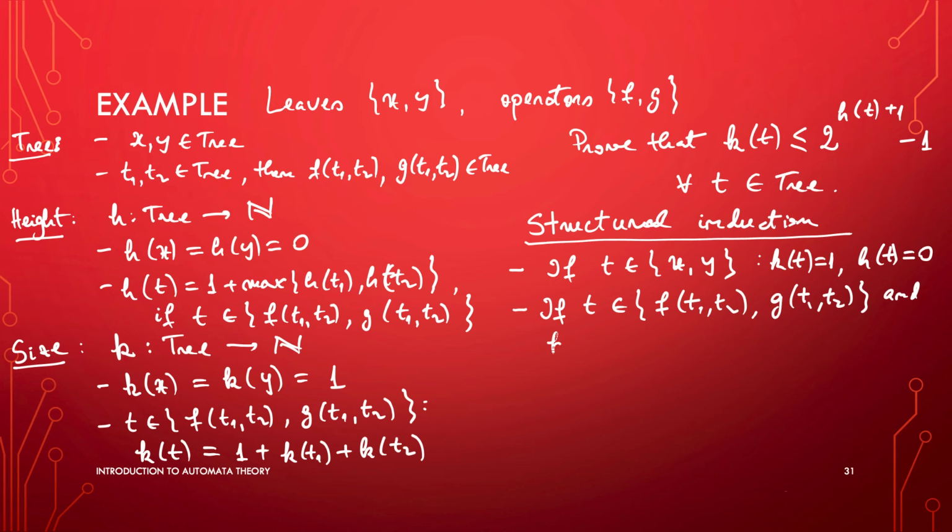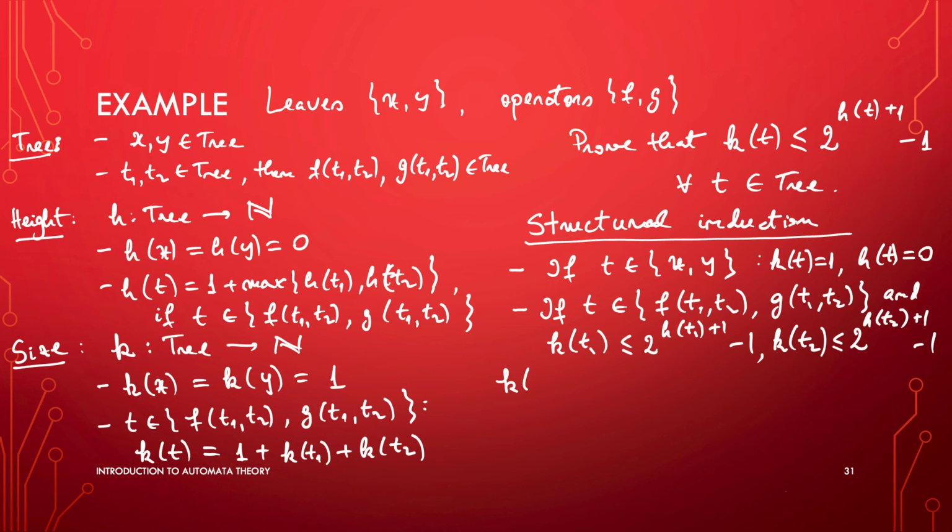So we have that the size of T1 is at most 2 to the power h of T1 plus 1, minus 1, and the size of T2 is at most 2 to the power h of T2 plus 1, minus 1. So we are assuming this, and now we have to prove something about the size of T.